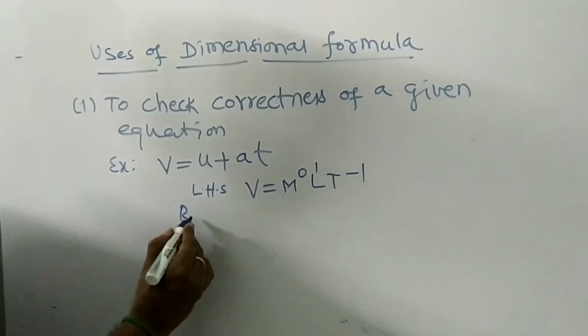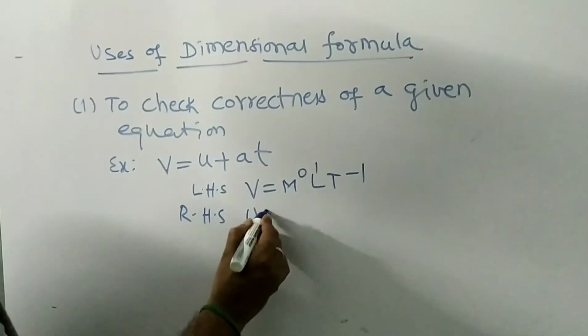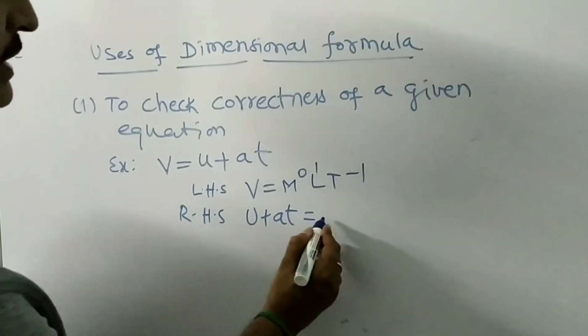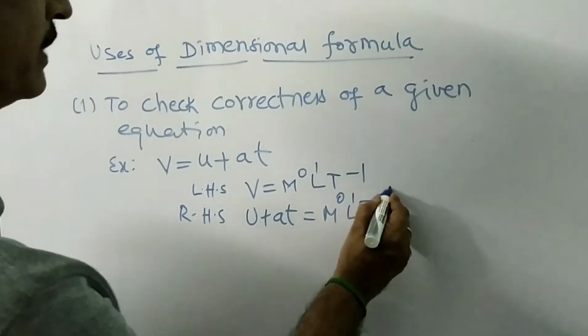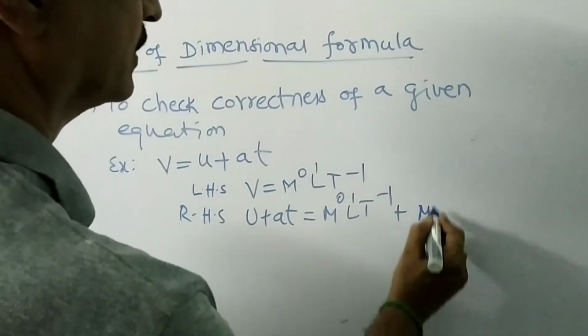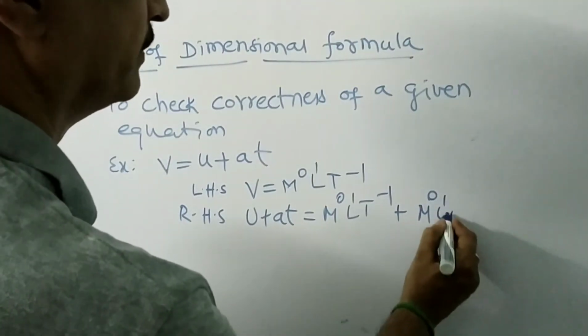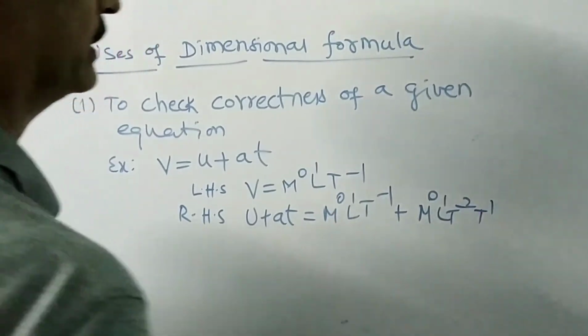And the right hand side, initial velocity u plus at. So u is again M to the power of 0, L to the power of 1, T to the power of minus 1, plus a, acceleration, M to the power of 0, L to the power of 1, T to the power of minus 2, into t, so T to the power of 1.